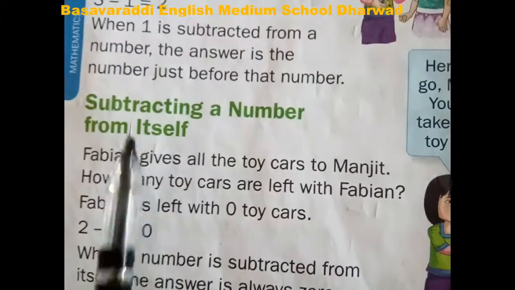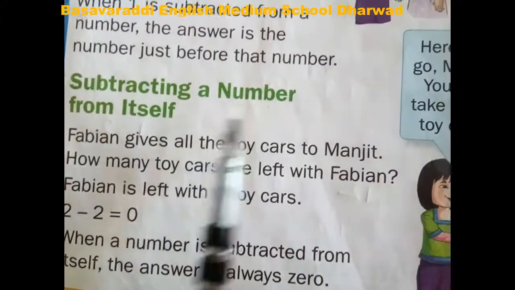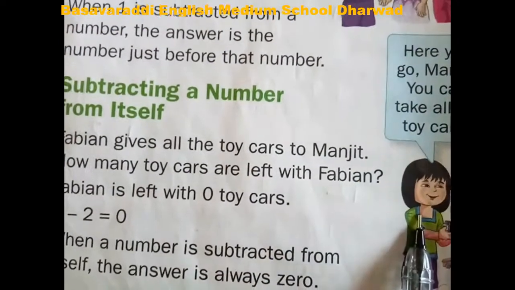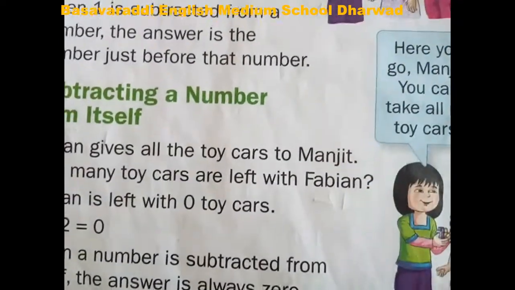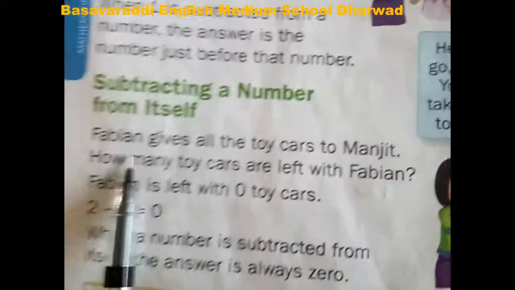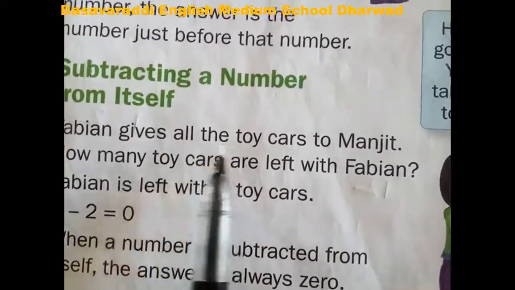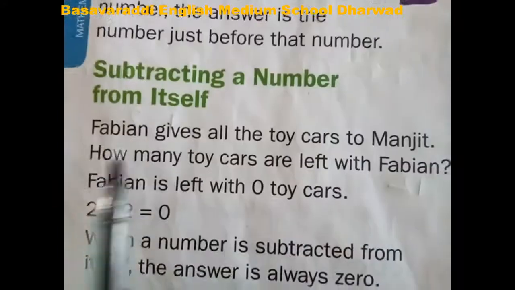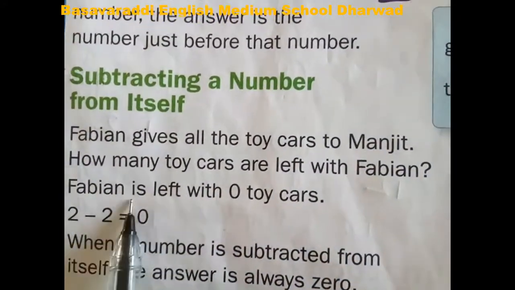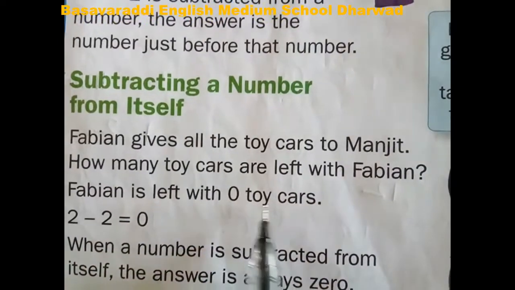Here, subtracting a number from itself means she has 3 cars and she is giving 3 cars to Manjeet. Fabina gives all toy cars to Manjeet. How many toy cars are left with Fabina? Fabina is left with 0 toy cars.